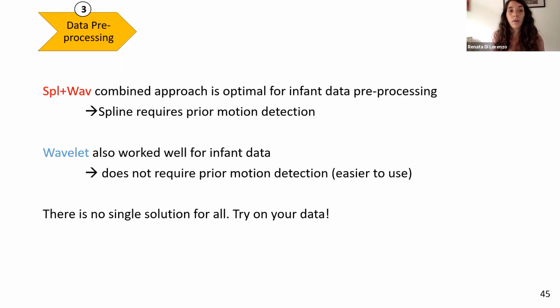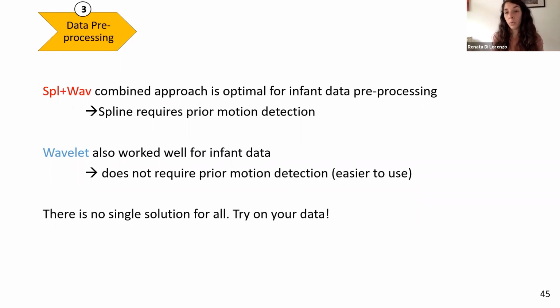So the conclusion of our paper is that the spline and wavelet combined approach is optimal for infant data pre-processing. However, remember that spline requires a prior motion detection step, and that's tricky. You need to spend a little bit of time tuning this and be sure that you are detecting as many of the artifacts in your data as possible.